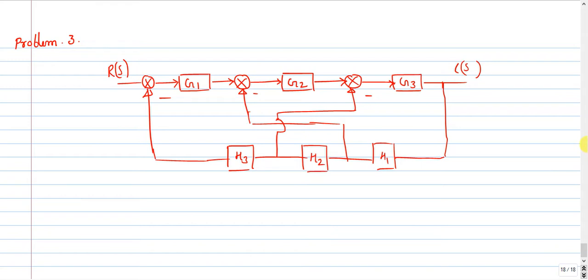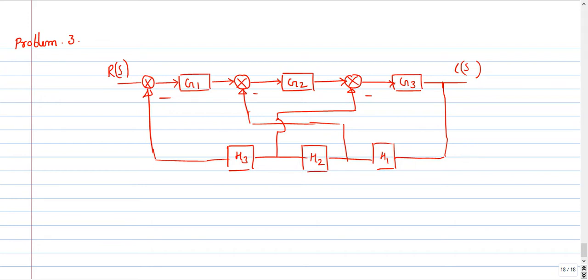So this is problem number 3. We need to obtain the transfer function by reducing this block diagram. If you check this block diagram, you may not find any blocks in series or in parallel or any minor feedback loop.